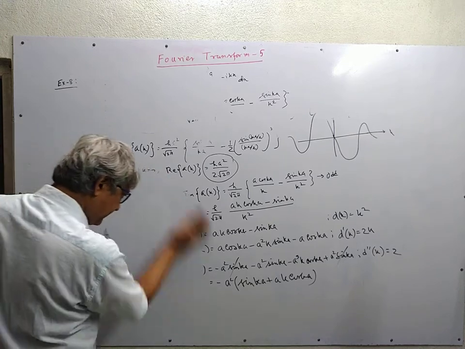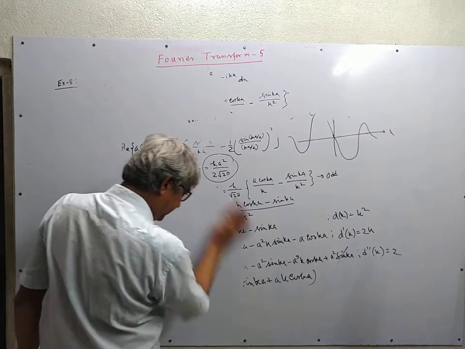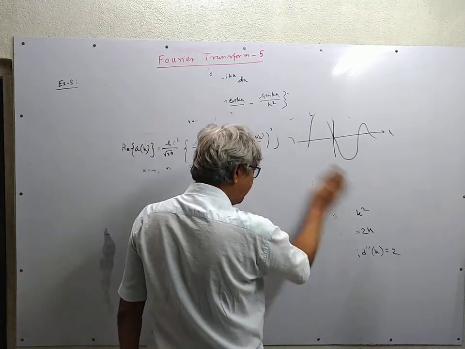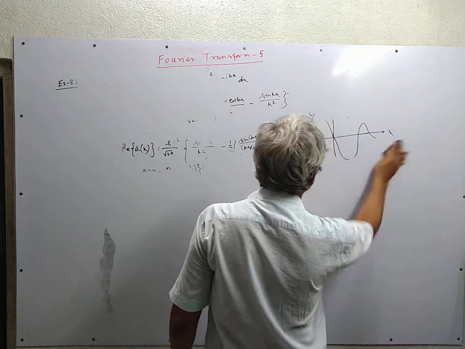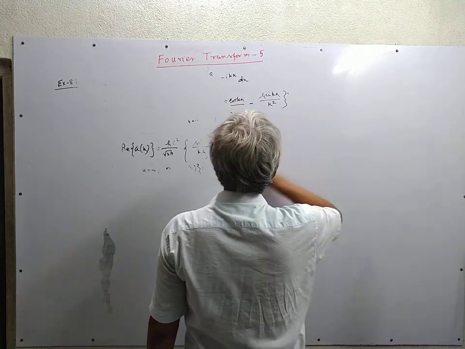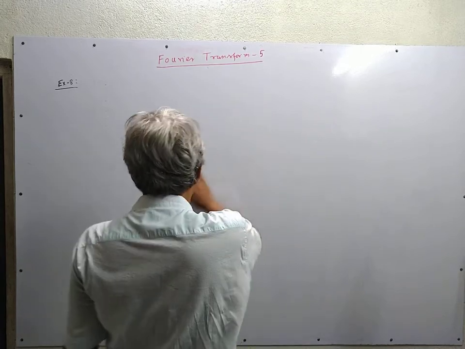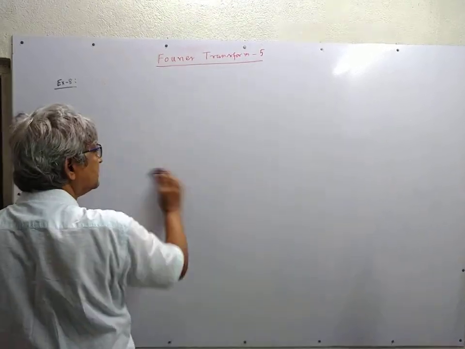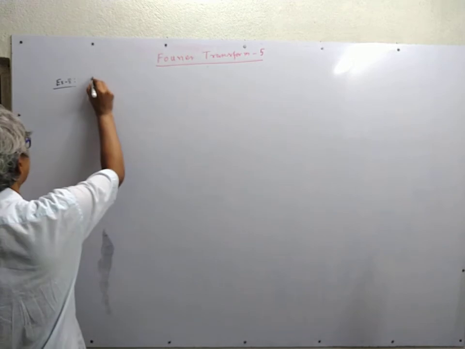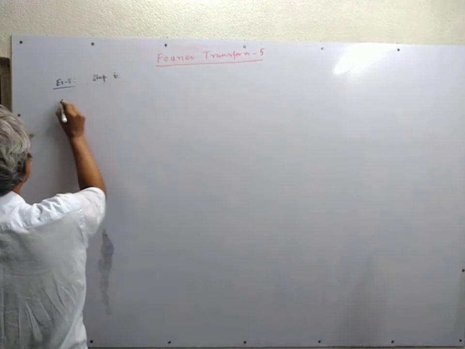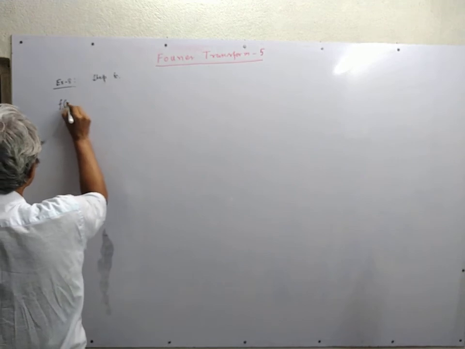In this case, the evaluation of the Fourier transform requires some technical tricks, so I will carry out this calculation in detail to show you the steps. Step function. The function is defined like this.